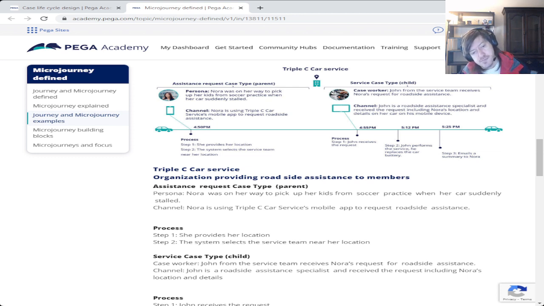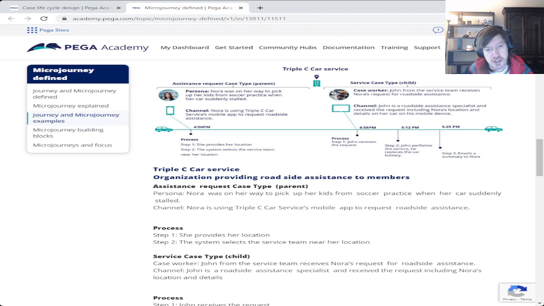Because if I grab the application from, say, the store, there's nothing here that says verify her account or anything along those lines.